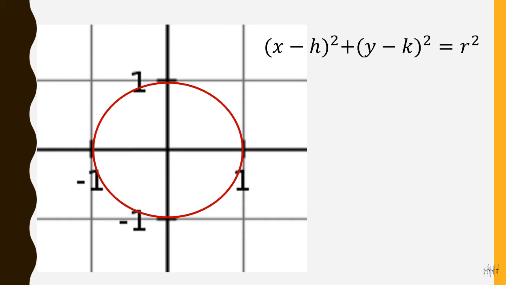But since our center is at the origin, so let's say here, our h, k is 0, 0, so we can have this as 0, and this also as 0. And then the radius of the unit circle is 1 unit, so we can replace our r with 1. We can actually simplify this equation as x squared plus y squared equals 1, which is this.